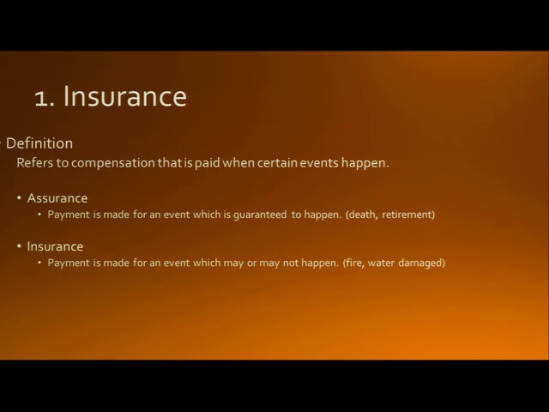So, the first definition that you need to understand is the term assurance. Now, that's insurance with an A. Assurance is a payment which is made for an event that is guaranteed to happen. Now, it differs from insurance, which is payment for an event which may or may not happen. Assurance is something like, for example, life insurance.